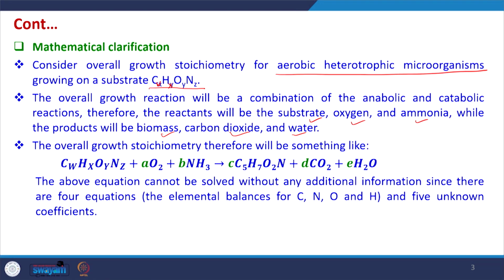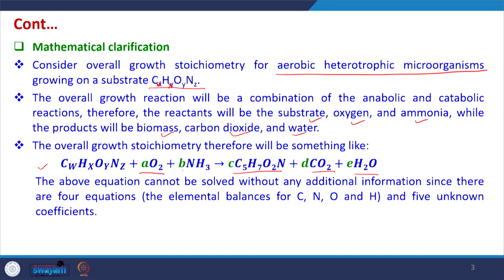Now, the reaction can be written like this, CwHxOyNz, and here we can see that the stoichiometric coefficients a, b, c, d and e are written with respect to oxygen, ammonia, biomass, CO2 and H2O. The above equation cannot be solved without additional information.